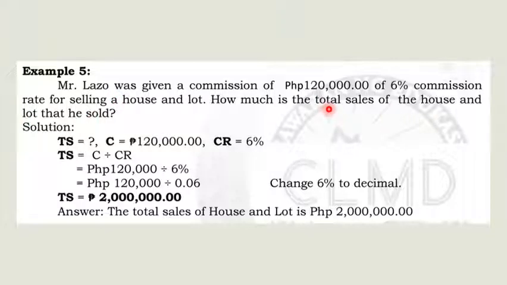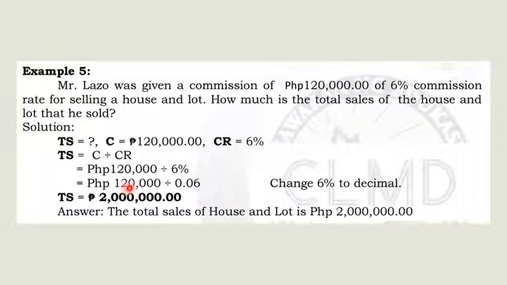So, ang tinatanong is yung TS. So, paano ako makukuha yung TS? We just have to divide yung commission divided by yung ating commission rate. So, ito yung commission natin, 120,000, divide natin sa 6%. Yung 6%, convert natin into decimal, magiging 0.06.